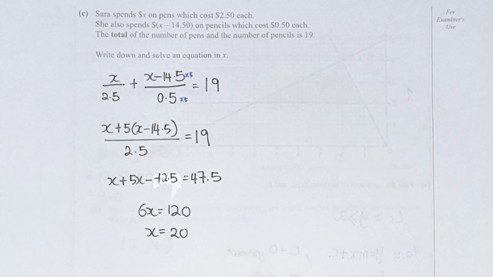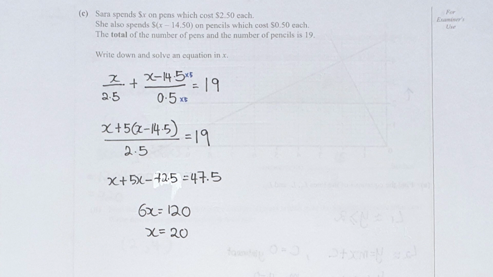For section c, the x over 2.5 indicates how many pens you can buy, whereas for the other one, which costs 50 cents each, it is x minus 14.5 over 0.5. These two add up and the number will result in 19.